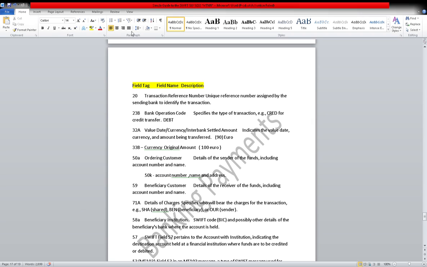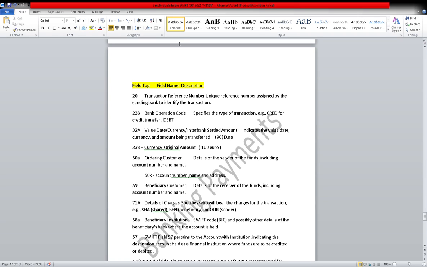One minute, it should be here. This is not good. Nobody has mentioned 52A. Okay, so open your guide. What is 52A? Okay, here.